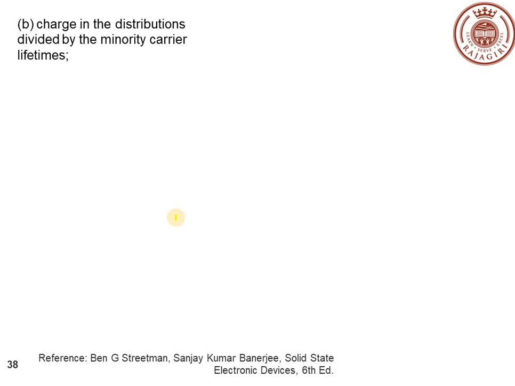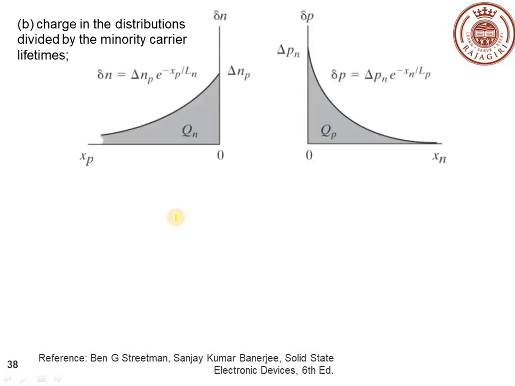The second method to find the current through the junction is by finding the charge distribution and dividing by the carrier lifetime. So charge by carrier lifetime is the current. We need to find the charge distribution on the P side and N side, that is delta P and delta N, from which you find Qn and Qp.